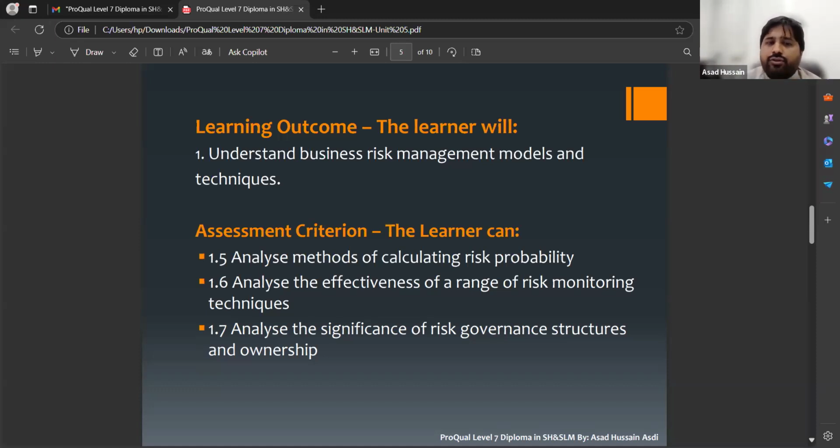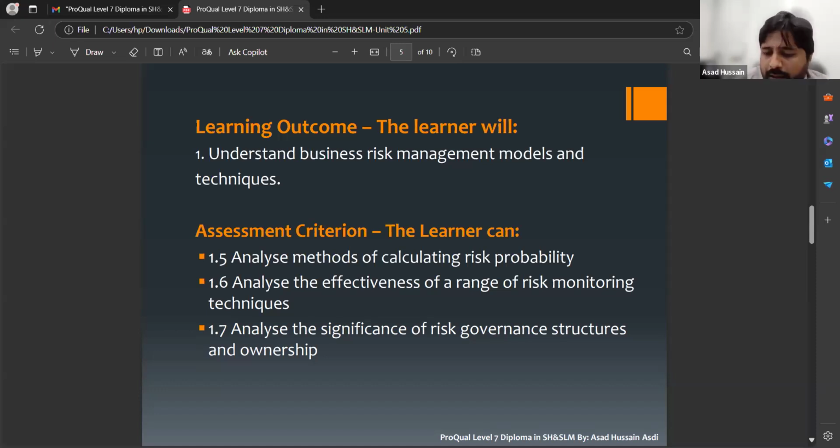So regarding assessment criteria 1.7, the candidate should explain the risk governance structure they have in their organization, how it is working, and what its significance is.